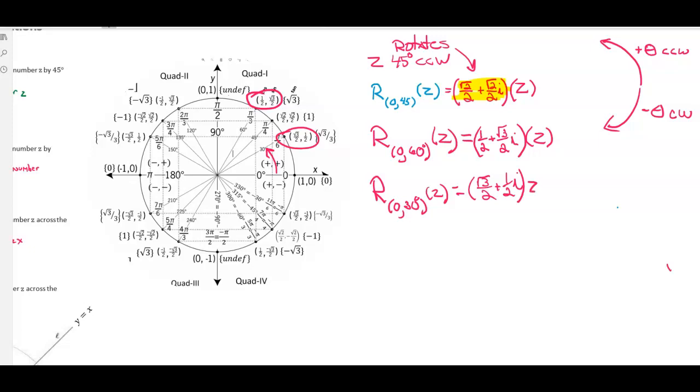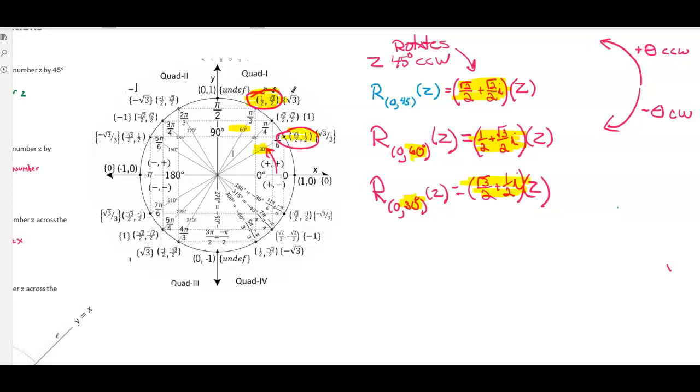In this case, your original point is Z. So getting this part, guys, is really simple. Just go to the angle and use the coordinates. Okay, go to the angle and there's 30 and use the coordinates.